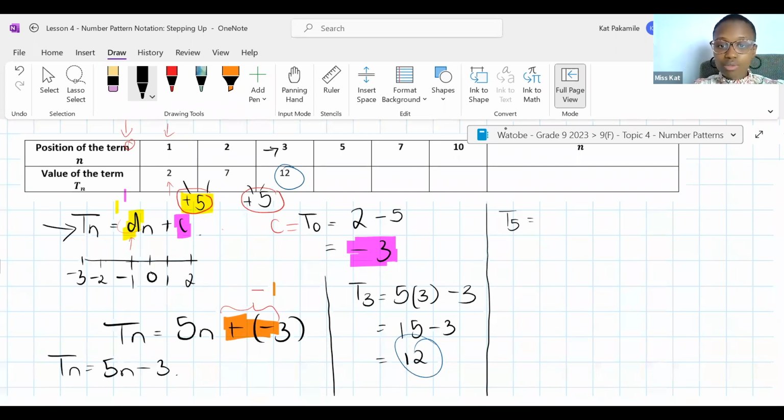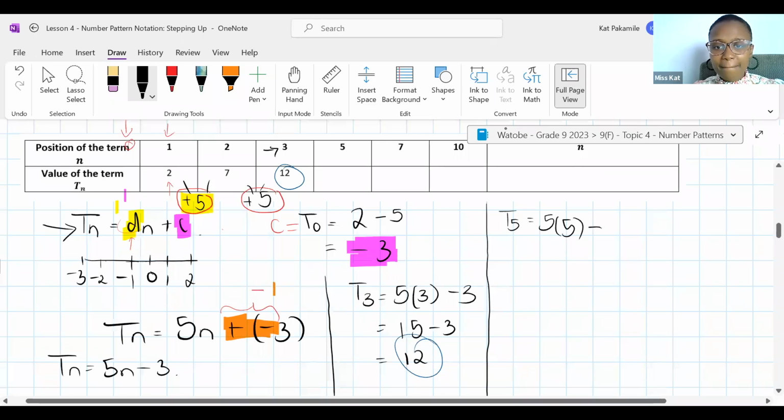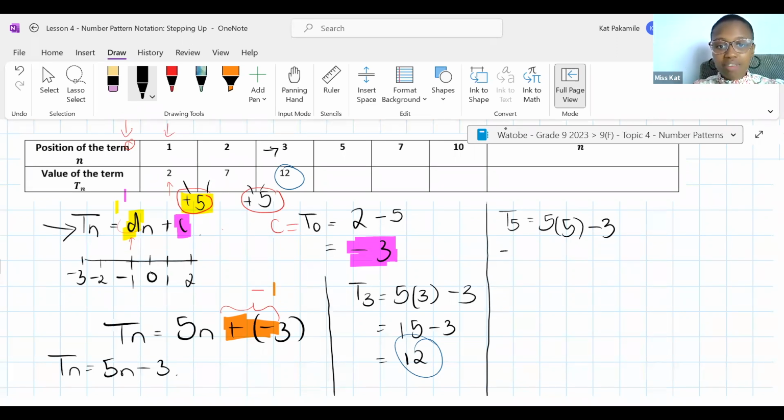Our constant difference was 5, so 5 times 5, because that 5 is the 5 from the position. Then minus the 3. So what's 5 times 5? 5 times 5 is 25, ma'am. 25. When you subtract 3, what's our final answer? 22. Brilliant. So we have an answer for that.